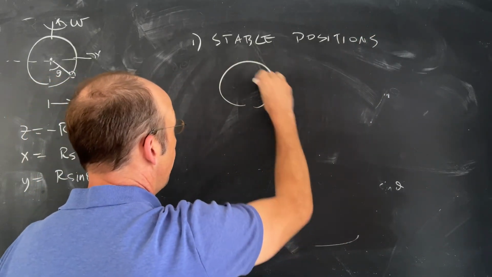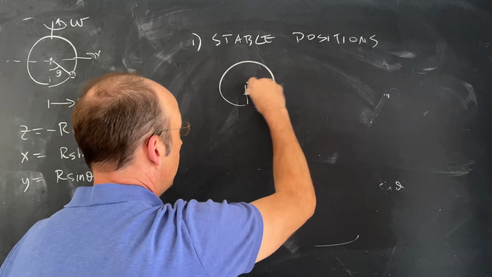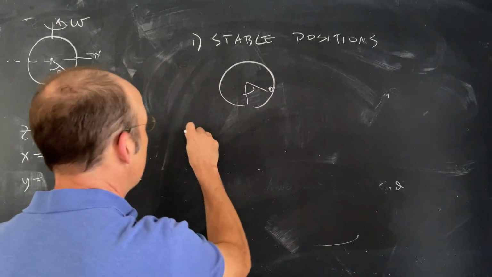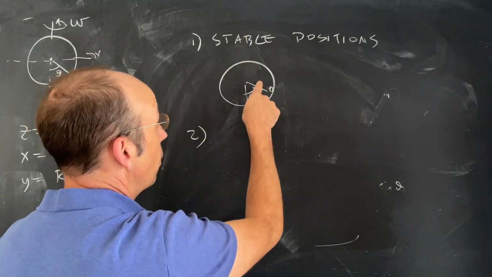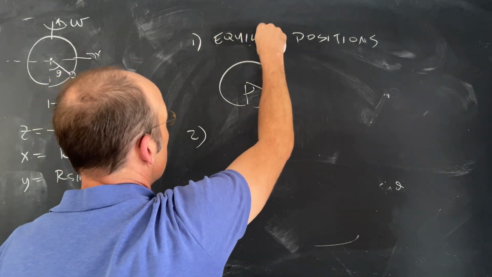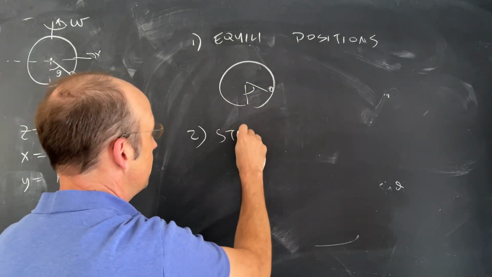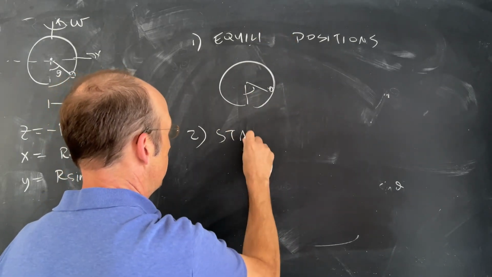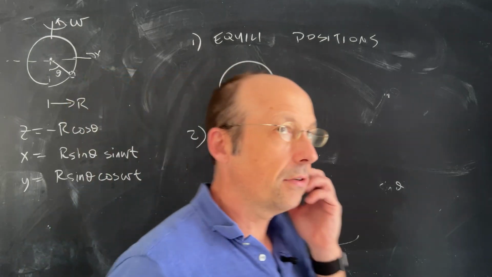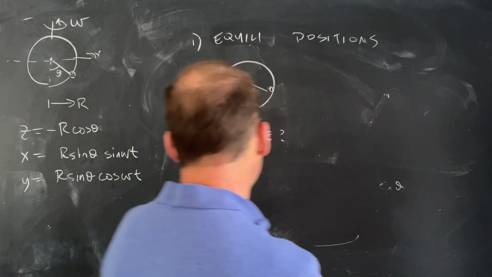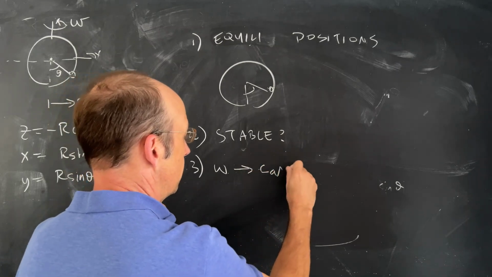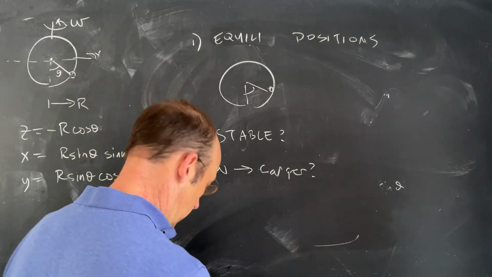What value for theta will it just stay there? This is equilibrium. And then, is it stable? And then what happens as omega gets larger? That's good enough for now.